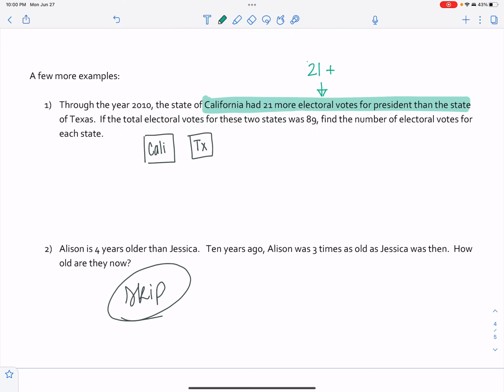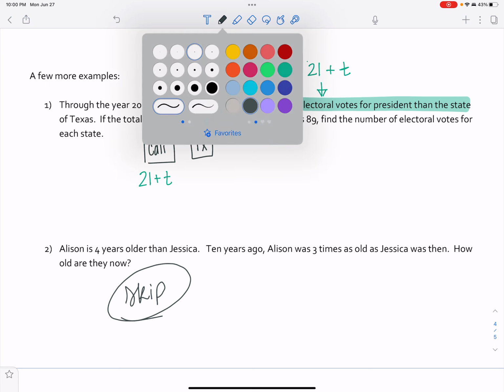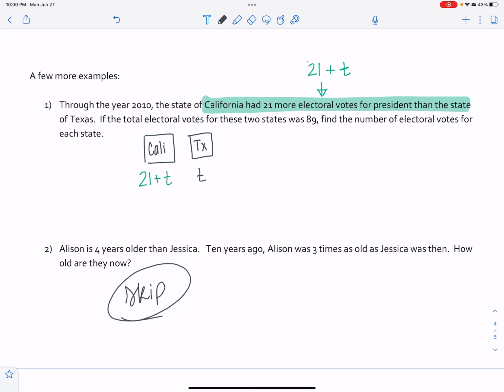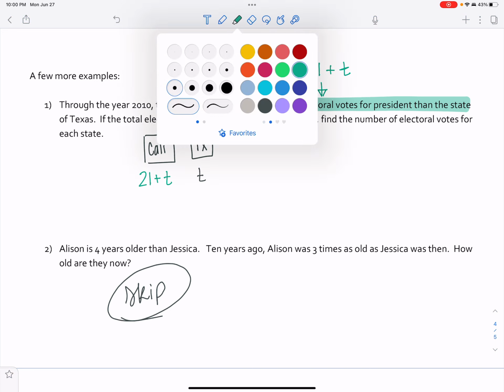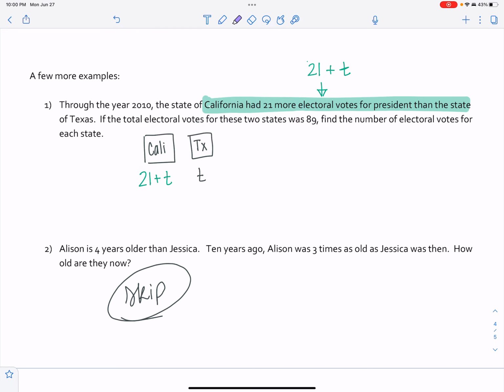So I've got that California is 21 more than Texas. And then, of course, Texas is just Texas. Now, I need to relate those two with this next sentence that says, if the total votes for these two states was 89, then find the number for each.